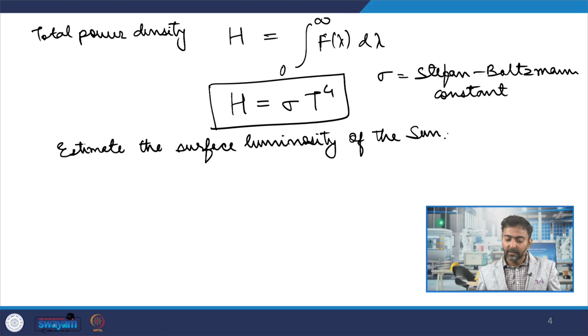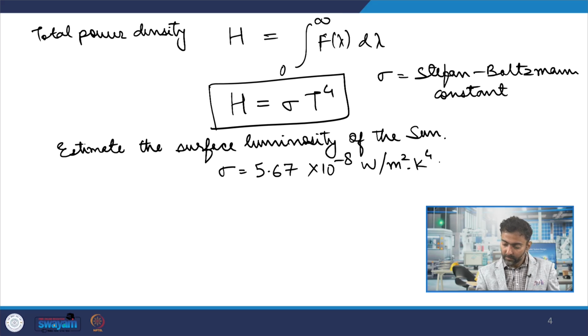So as we can see, the surface luminosity of the sun, or the overall power density of the sun, we can directly use this Stefan-Boltzmann equation for finding that out. And we know that sigma here, the Stefan-Boltzmann constant, is a well known constant. It is 5.67 into 10 to the power minus 8 watt per meter square K to the power 4. So that is the value of sigma.